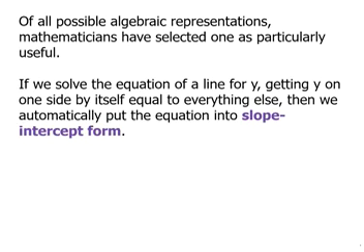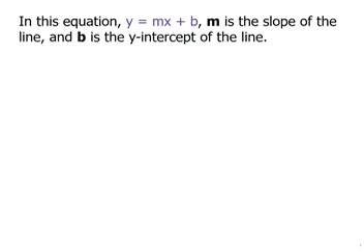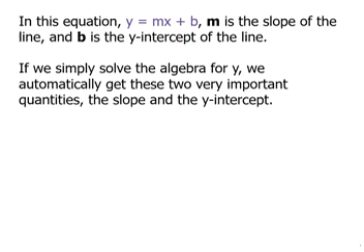If we solve the equation of a line for y, getting y on one side by itself equal to everything else, then we automatically put the equation into what's called slope-intercept form, or y equals mx plus b form. In this equation, y equals mx plus b, m is the slope of the line and b is the y-intercept.